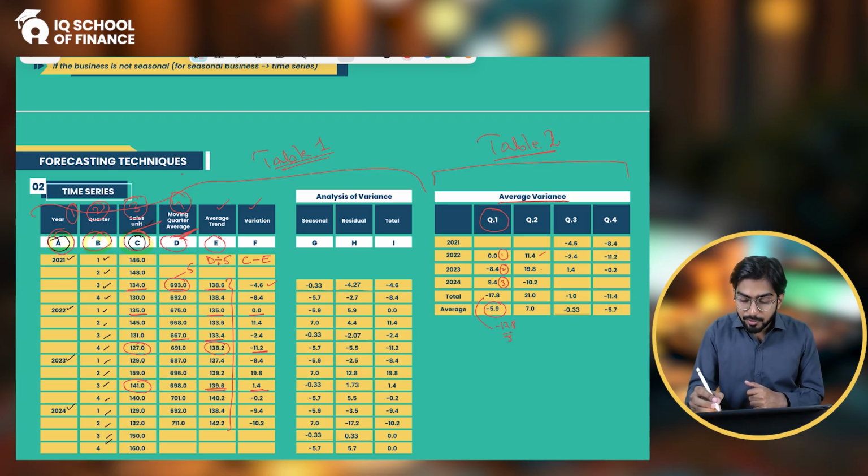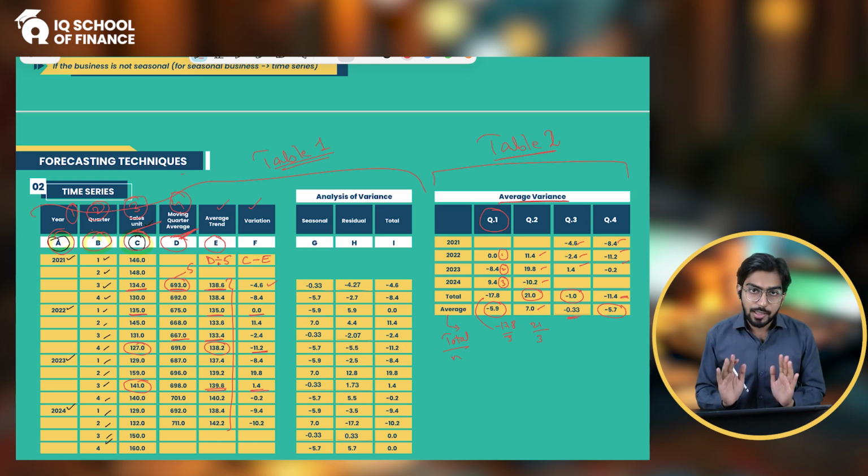Here again 3 values, divide 21 by 3, you will get an average of 7. Here 1, 2, 3: divide minus 1 by 3. And 1, 2, 3: divide minus 11.4 by 3. So the average is calculated by dividing the total by n, where n means the number of values by which the total is calculated.